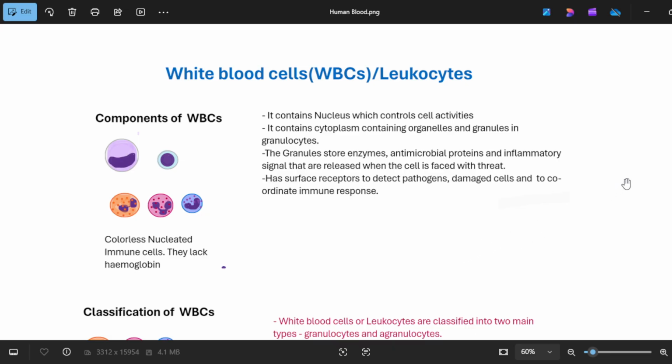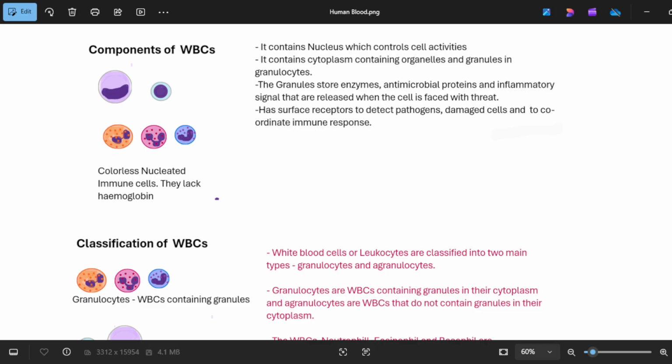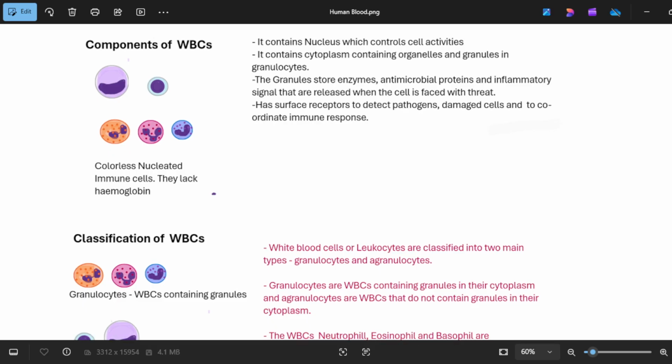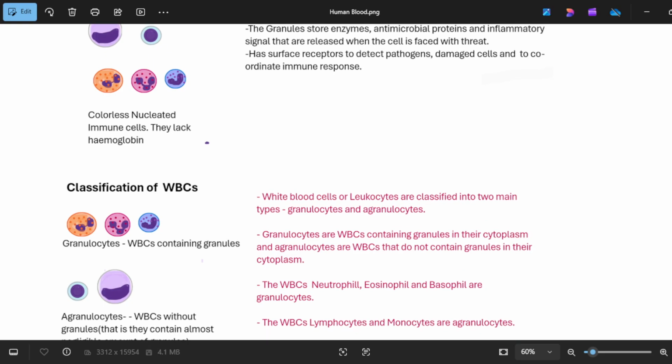If it senses germs have entered any part of your body, these cells go there and try to destroy them. So they have surface receptors to keep surveillance of your whole body against external pathogens, to protect us from them.